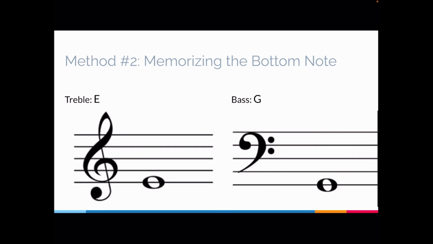But remember, once you go up to G, you go back to A. So A, B, C, D, E, F, G, A, not H. If you have to identify a note below the bottom line, all you have to do is go down the alphabet.